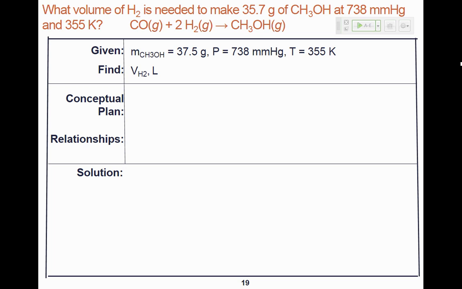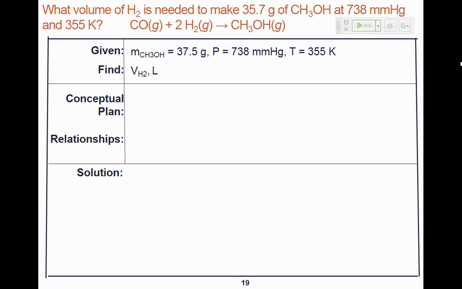So what we're looking at here is a chemical reaction. We really don't need to know anything more. We want to make sure it's balanced. It is, so we're good. If we know the moles of CH3OH, we can calculate how much H2 is needed, because according to this chemical equation, we need 2 moles of H2 to make 1 mole of CH3OH.